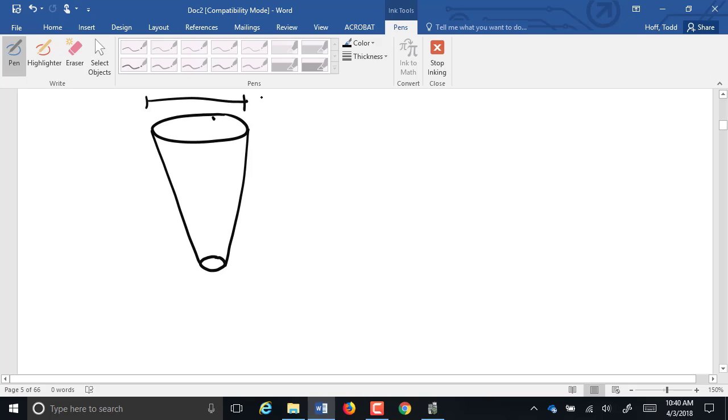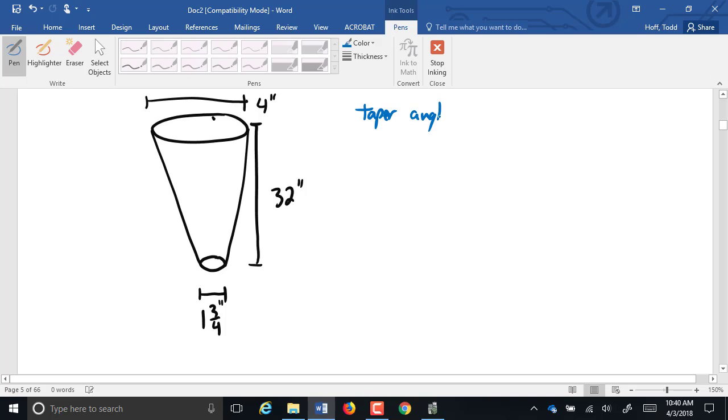So let's say that at the table, it has a 4-inch diameter going down to the floor where it has a 1 3/4 inch diameter. The length of the leg is 32 inches.